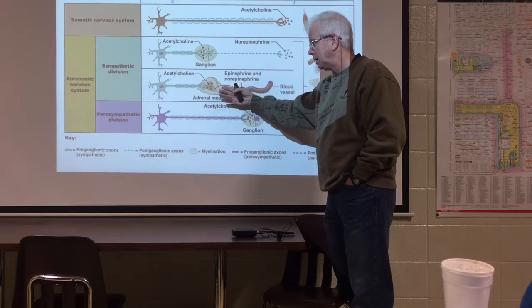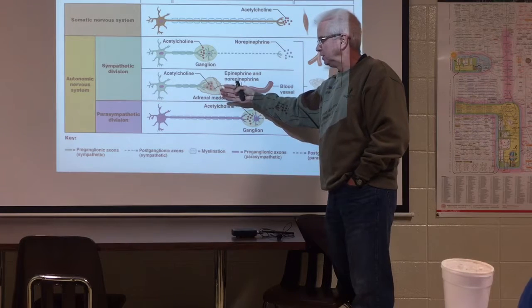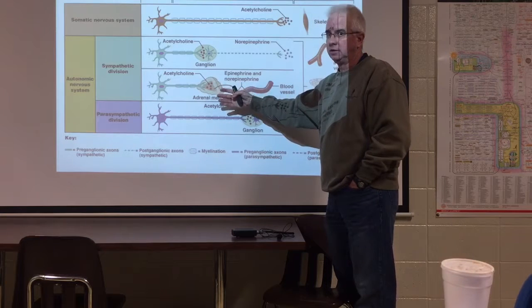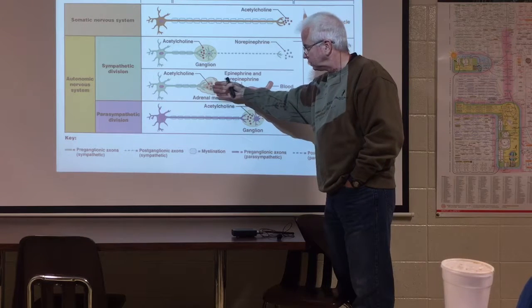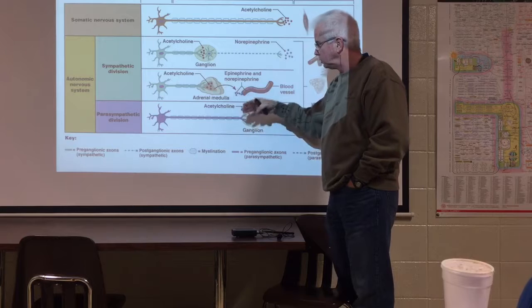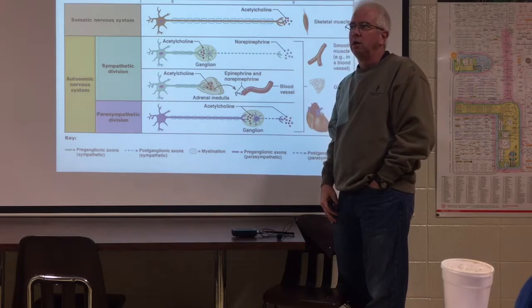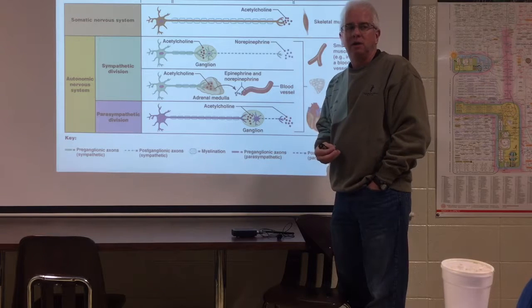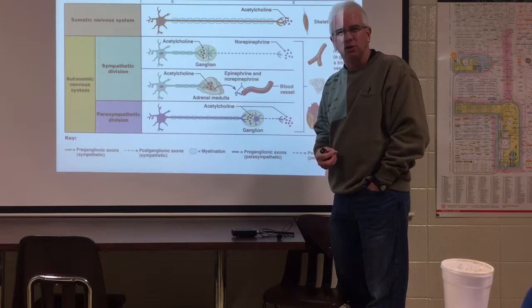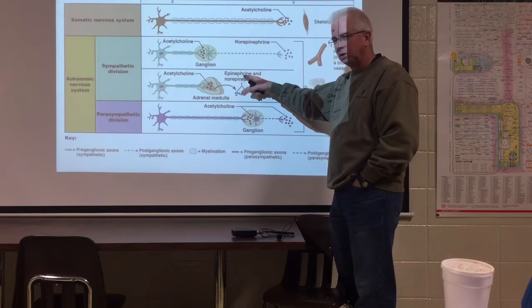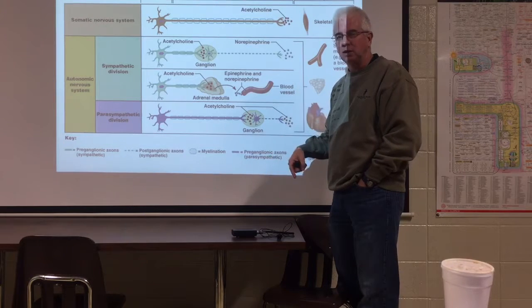We will say much about this connection in this class. And in next semester, it gets even bigger. The adrenal medulla cells here, the chromaffin cells, produce norepinephrine and epinephrine. This is why we call our fight or flight response the adrenaline surge. That's what this chemical is. Epinephrine is adrenaline.